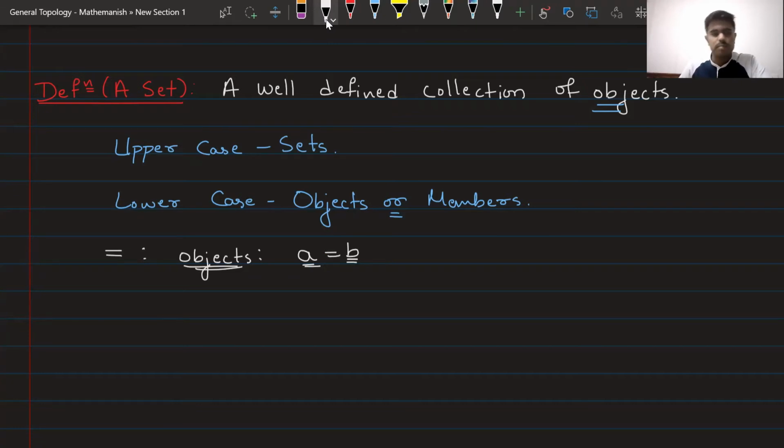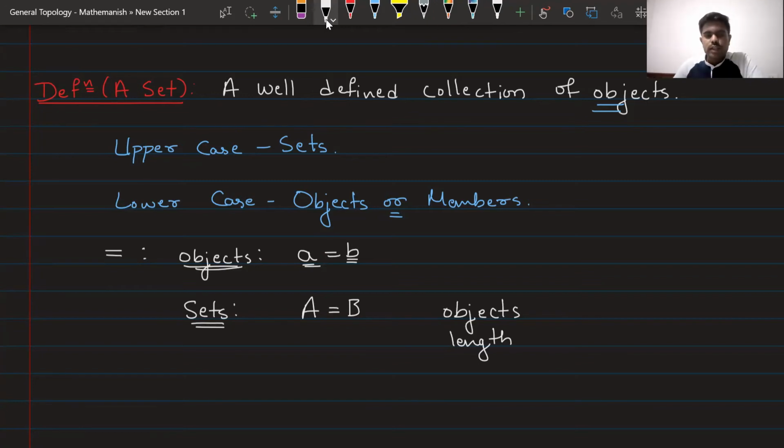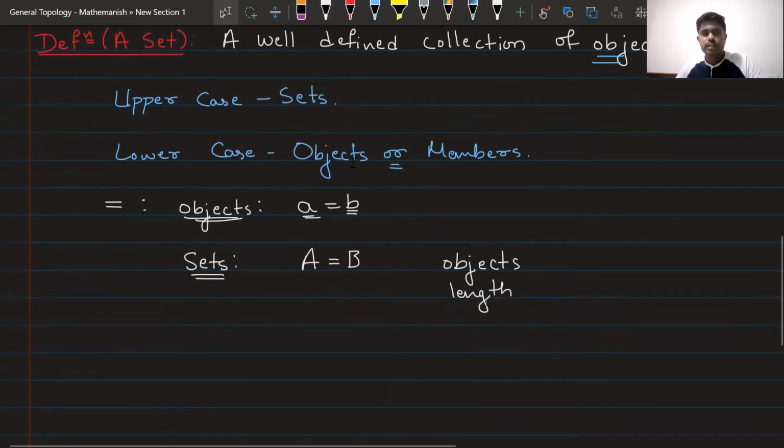But when I say two sets A and B are equal, there are two parameters. One is in terms of the objects, and the other one is in terms of the length. Length is nothing but the number of objects. So I say that two sets are equal only when they have the same number of objects and all the objects are the same. So I can say that they have precisely the same elements. Okay, this is how we can define equal sets.